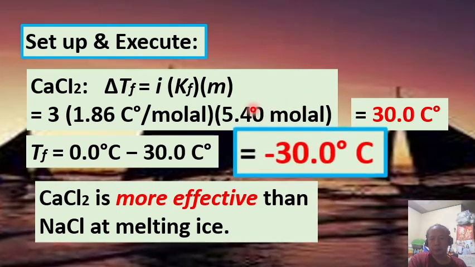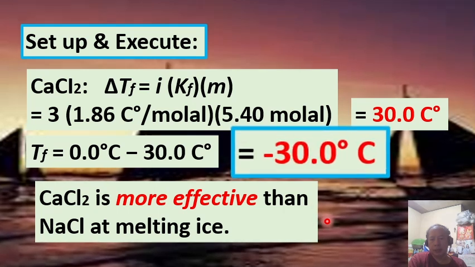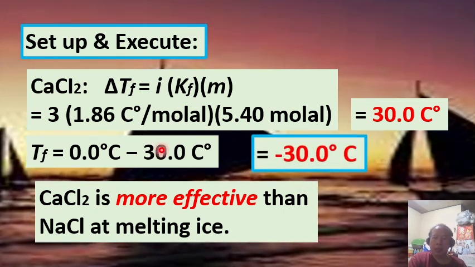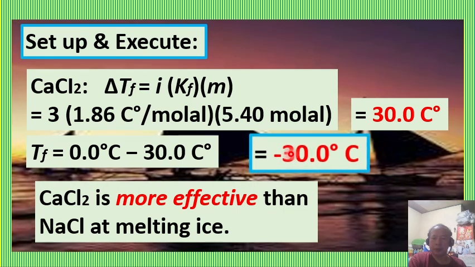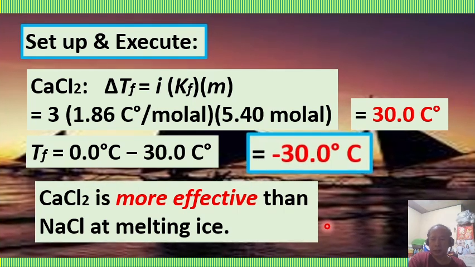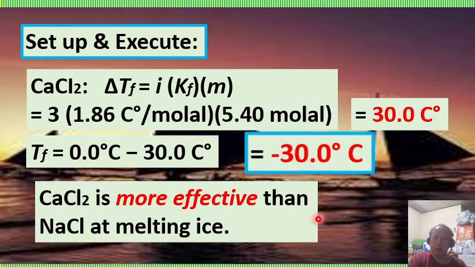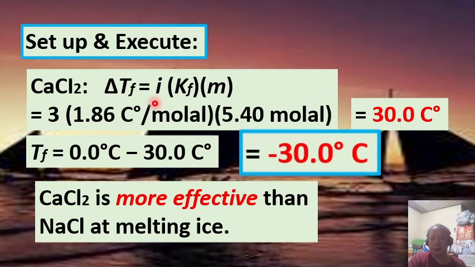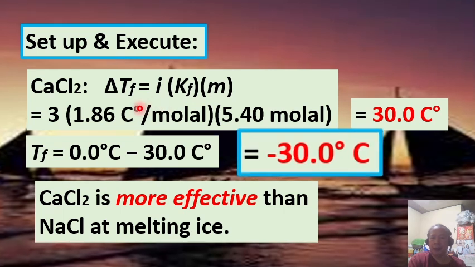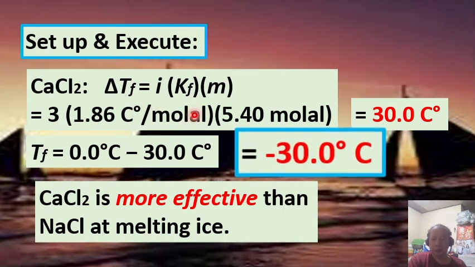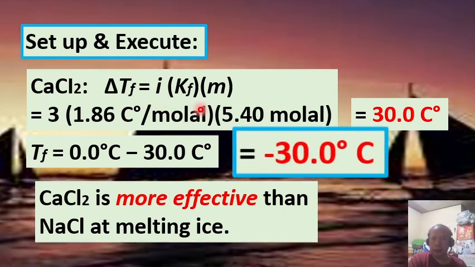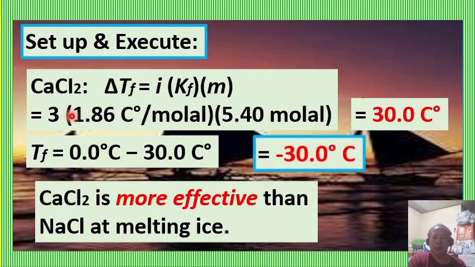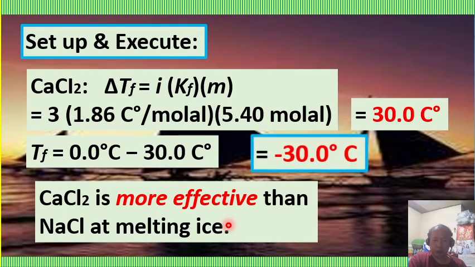But why is the actual freezing point of calcium chloride much lower? Our conclusion is that it is because of the greater value for the van 't Hoff factor for the calcium chloride solution.